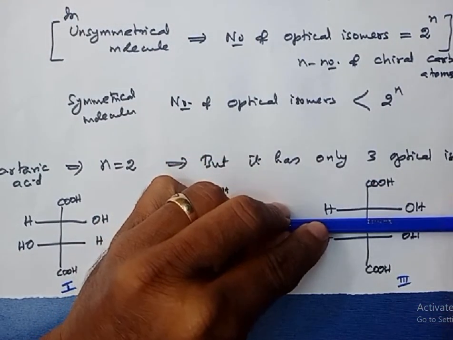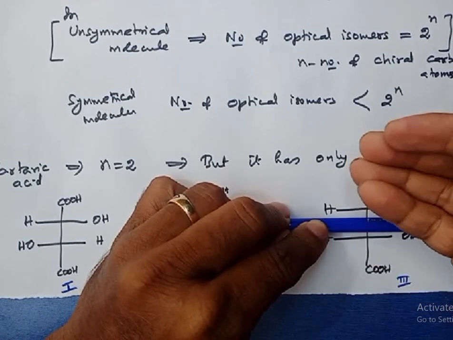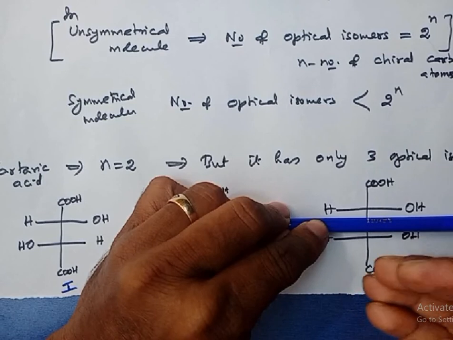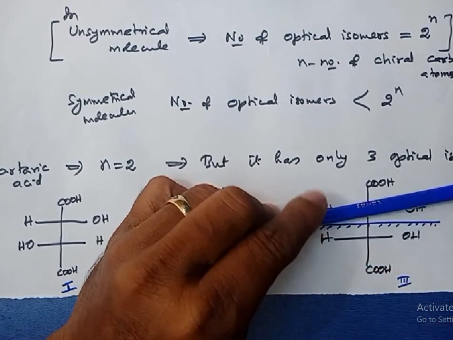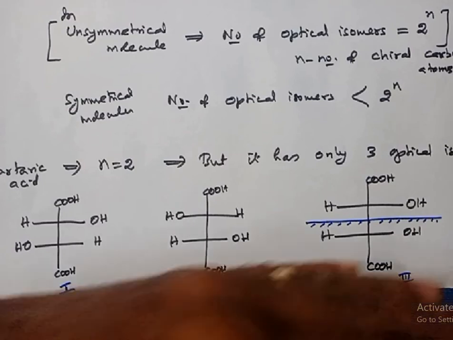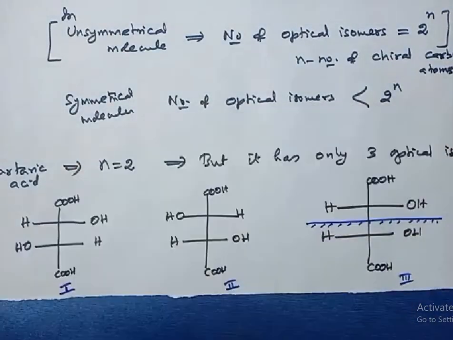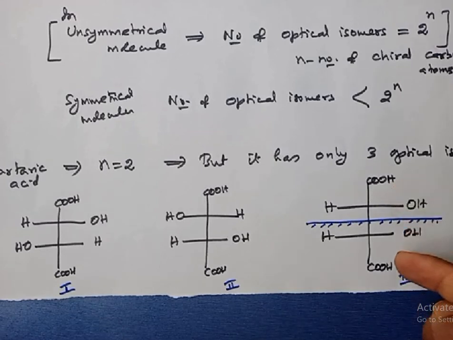The one which is above is exactly the mirror image of the one below, correct? You can divide this exactly into equal halves. The upper part and the downward part are exactly the same, correct? The upper part is just a mirror image of the lower one. If you take the mirror image of the upper part, you will get exactly the downward one, correct? Is it clear?